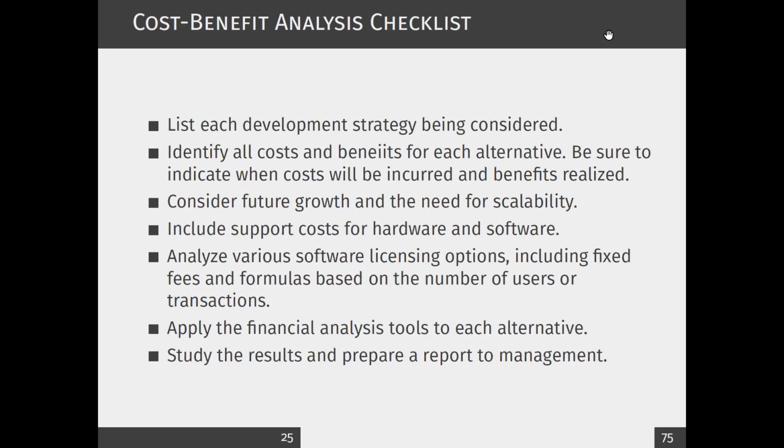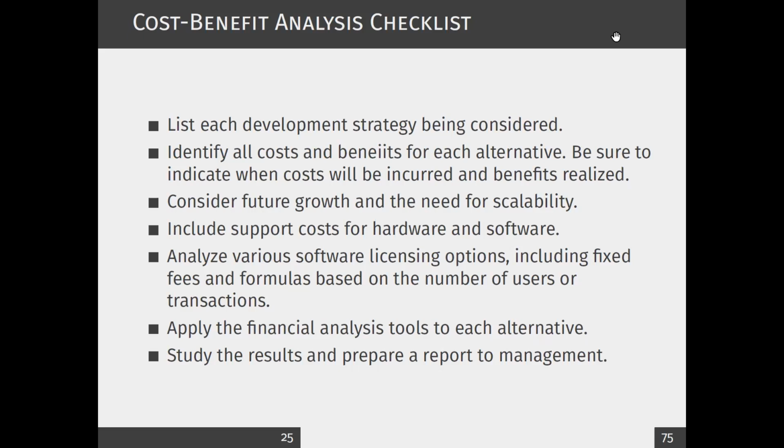Right. Now, when you're doing this cost benefit analysis, you have to list all the development strategies, identify all the costs and benefits, right? And you have to also identify when the cost will be incurred, meaning when you are going to spend, and when you are going to receive the benefits.